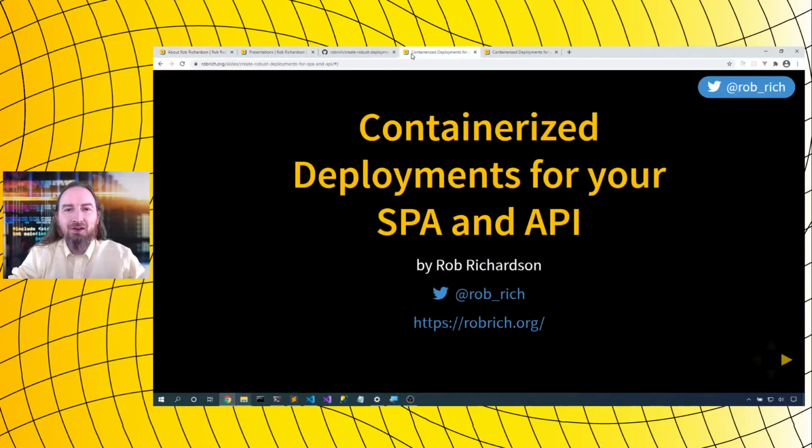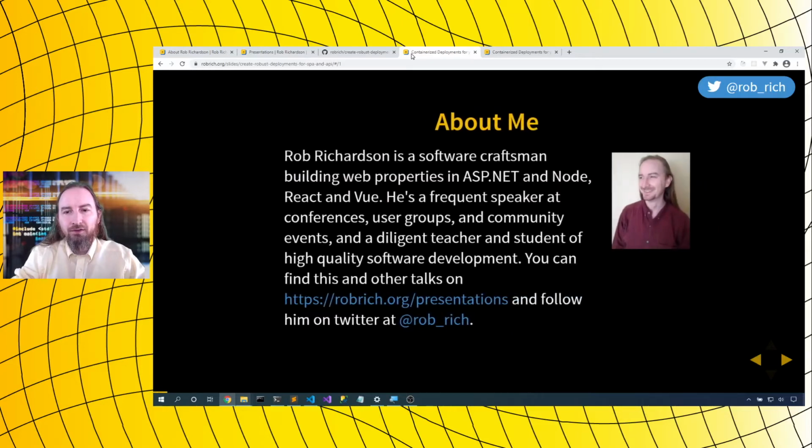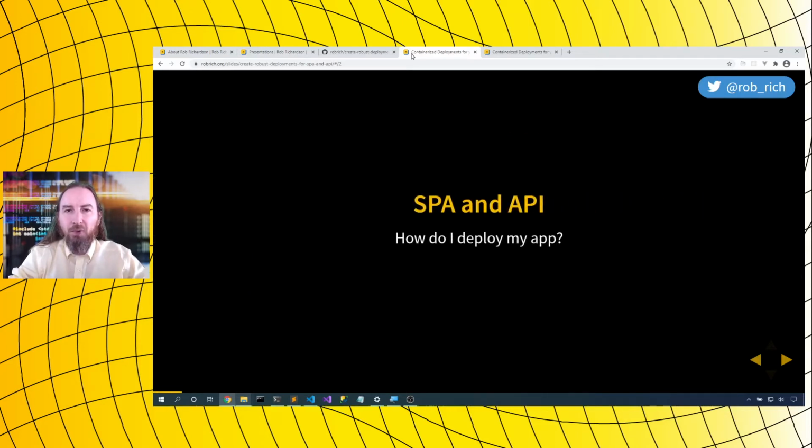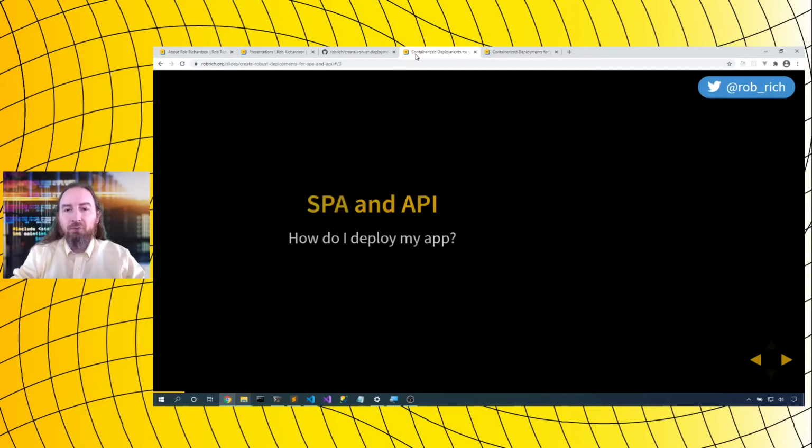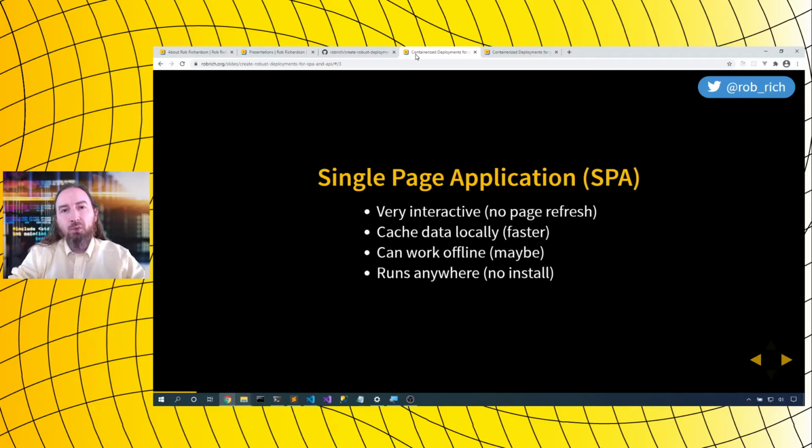Let's dig into containerized deployments for your SPA and API. Now as we dig into this, we may look at a SPA and API and start to get a feel for how each piece works. As we have SPAs and APIs, we get this elegant separation of concern. The SPA focuses on a really good user experience. It's a thick client in the browser.